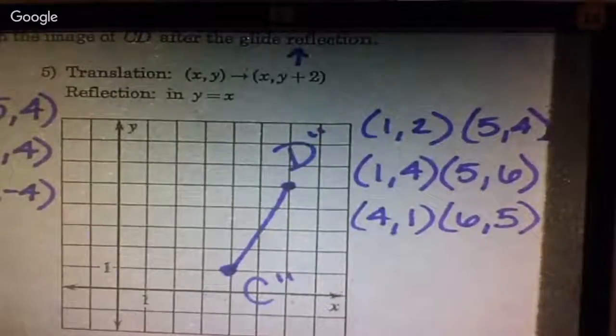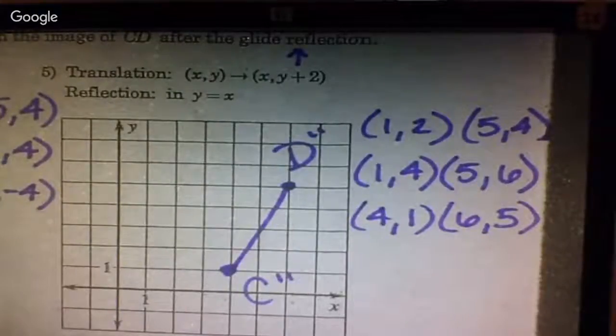Okay? So my point started at 1, 4. So here was C prime, my original. Here is D prime, my original. Okay.